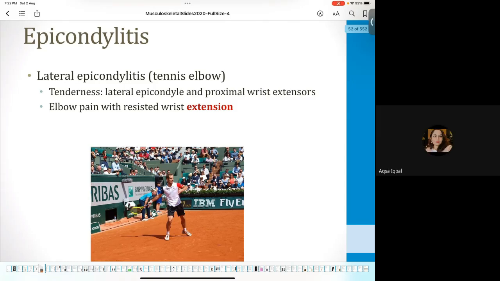Flexors or extensors? Extensors. We extend the hand, moving the tennis racket backward again, so that's using extensor muscles. Those who play tennis for a long period of time use a lot of extensor muscles. So which epicondylitis are we going to see, medial or lateral?